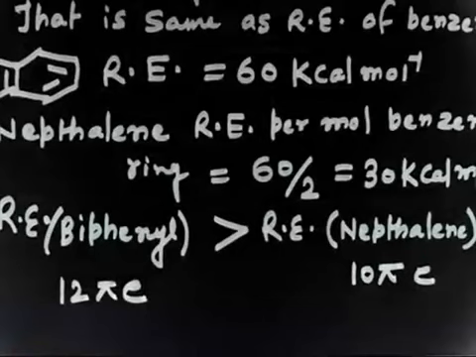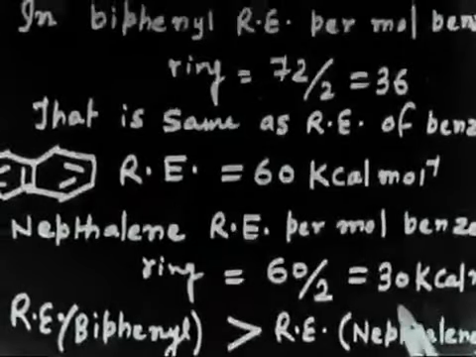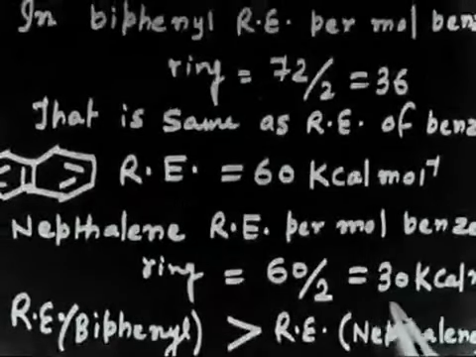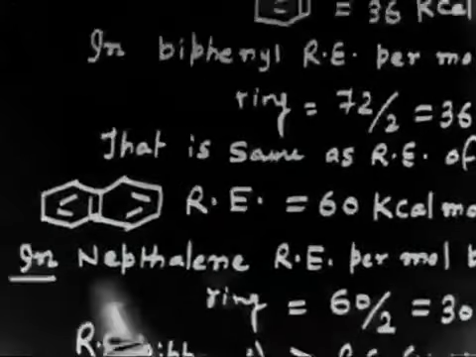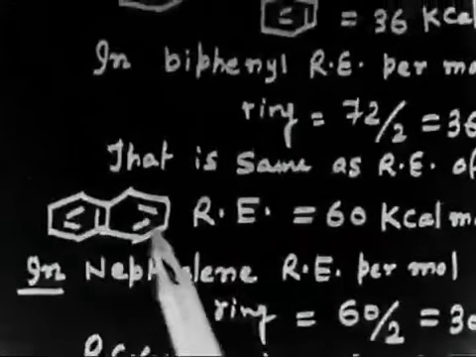Are you getting? But let us try to see in naphthalene what is the resonance energy per double bond. So how many double bonds do we have? 1, 2, 3, 4, 5.